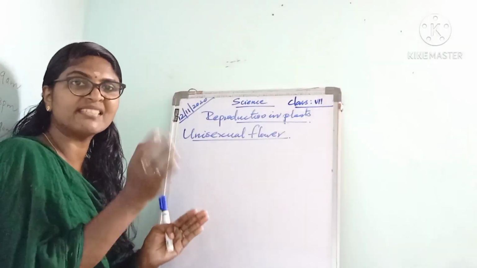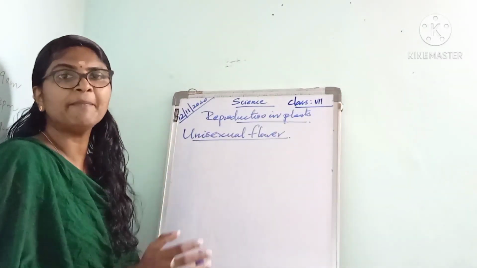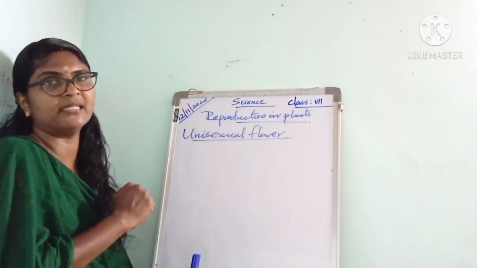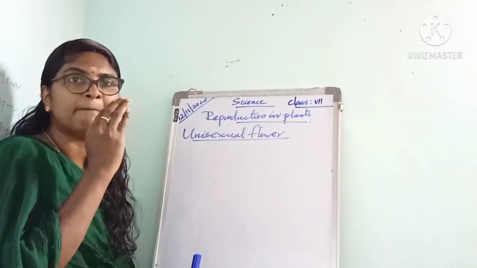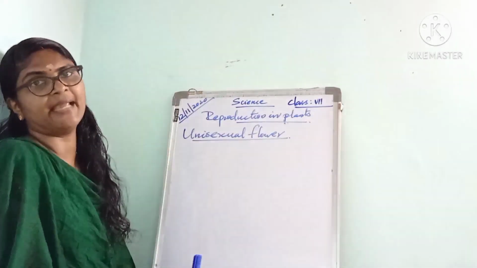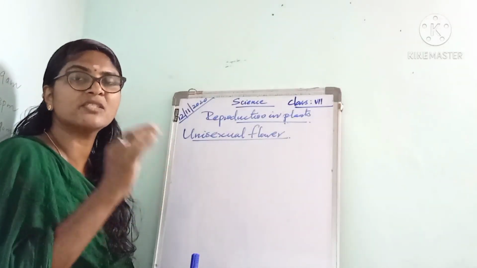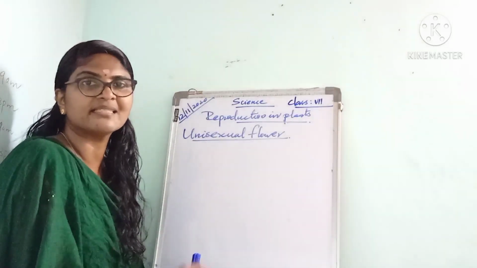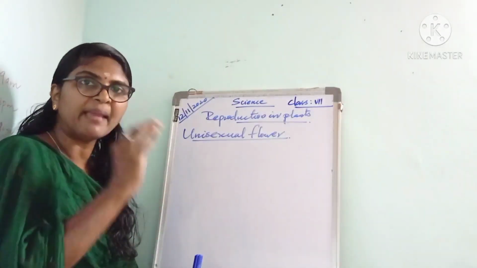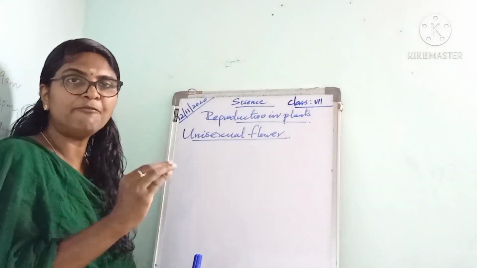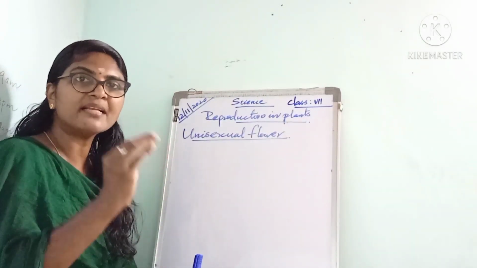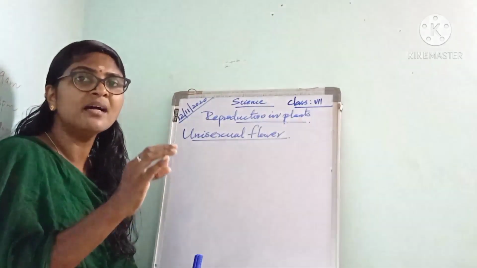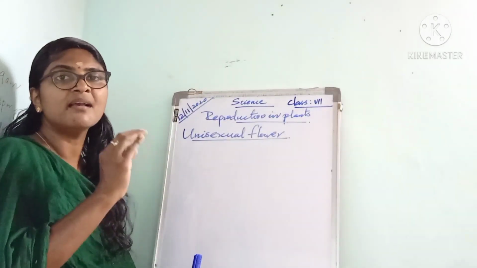That means the male flower contains only the male reproductive part, that is the stamen, and the female flower contains only the female reproductive part, that is the pistil.